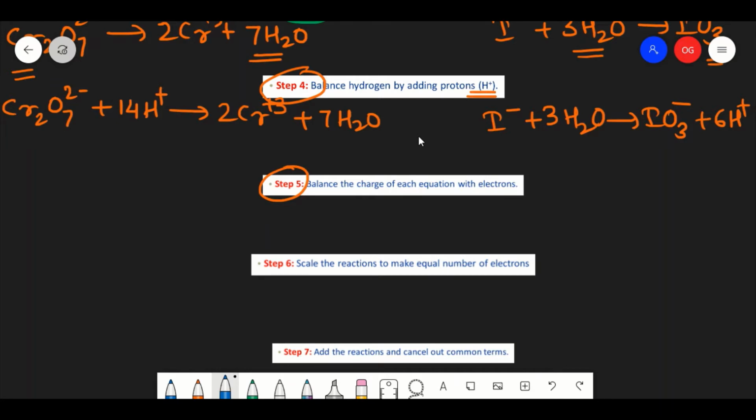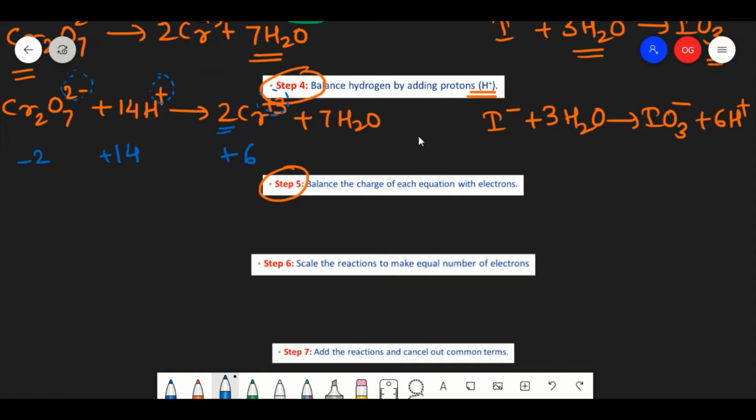If you see over here, there are 2 negative charges, and these 14 H+ are bringing 14 positive charges here, and on this side I have 2 multiplied by 3, so 2 into 3, I have 6 positive charges over here.